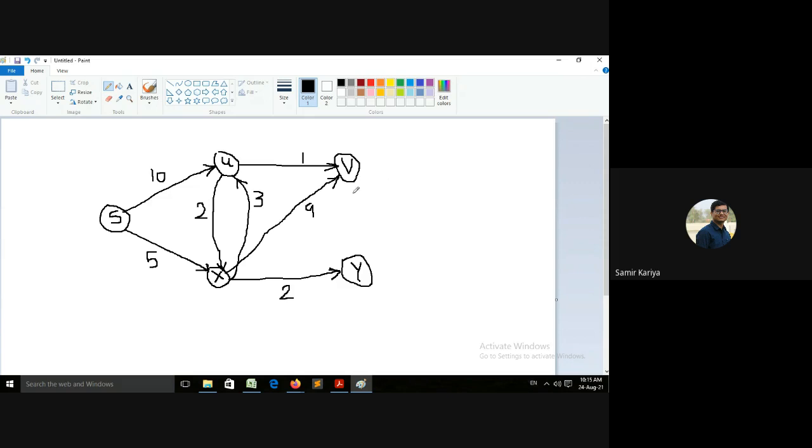Okay, here it's a 4 and 6. I think all the nodes are done with the last one.